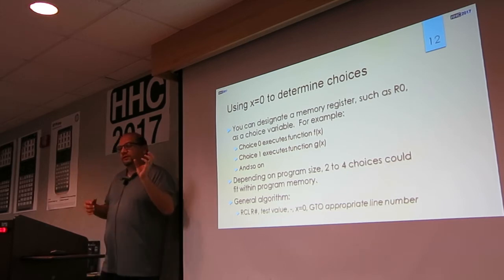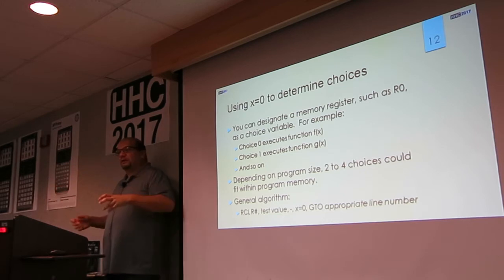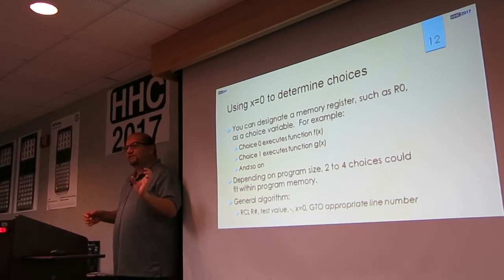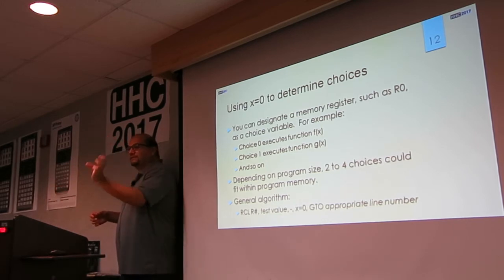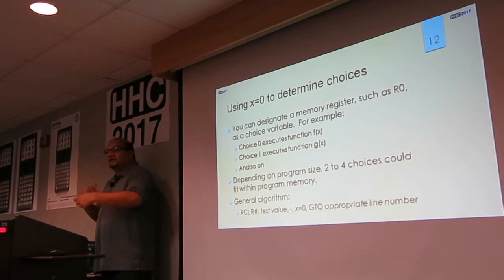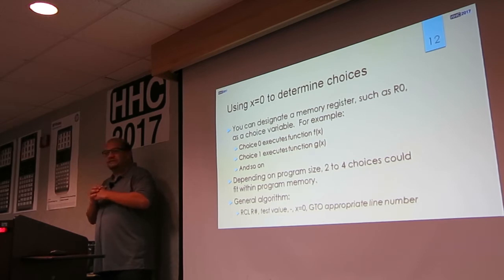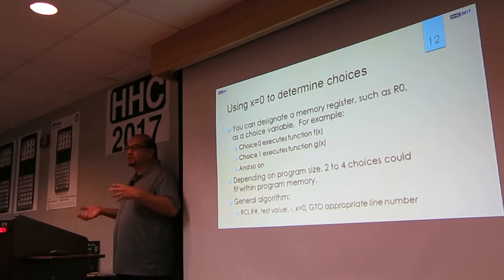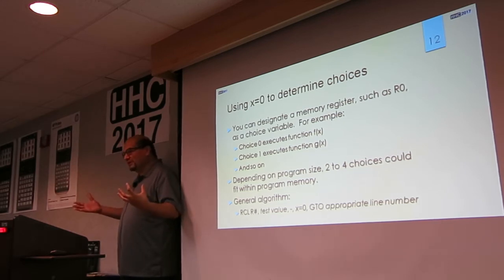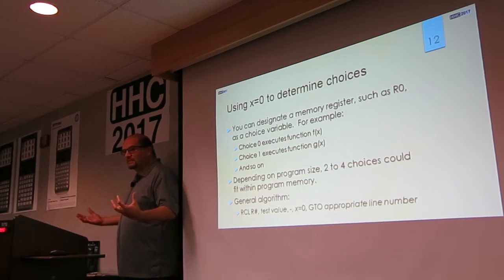So, for example, if I had choices A, B, and C within my program, I'm going to assign choice A to the flag value 0, B to flag value 1, C to flag value 2, and so on. Now with the classic 12C, depending on the length of your calculations, you could fit 2 to 4 choices. Obviously with the Platinum you can go further than that.